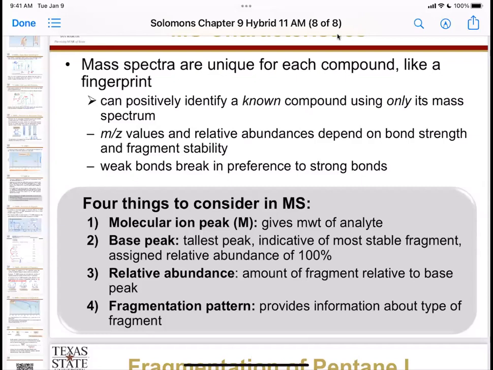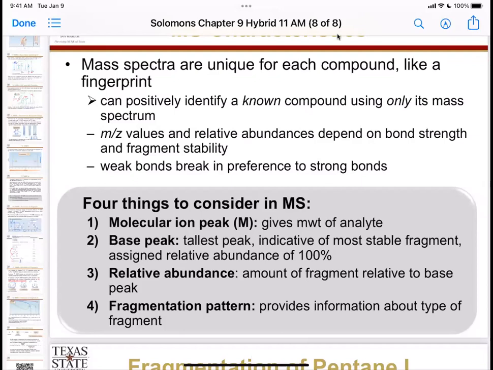Sometimes it's very small, but it's going to be the highest molecular weight. The next thing to look for is what we call the base peak. The base peak is the tallest peak. It means that it is the most stable fragment or most likely fragment to be made. And we set that to be 100%, and that's why we call it the base peak.